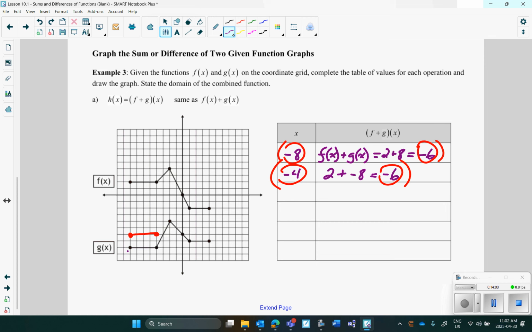Next one, x is at -2. What's f of x? 4 plus g of x, -4, which is 0. So -2, 0 is my next one.